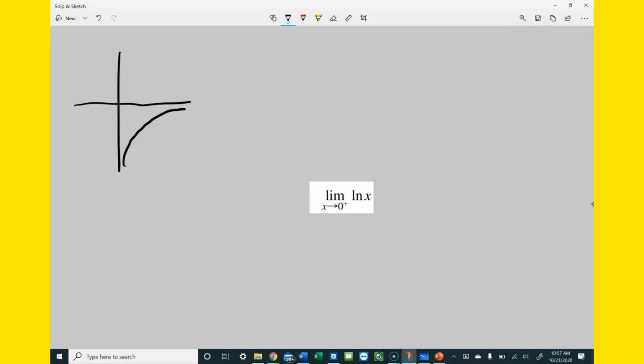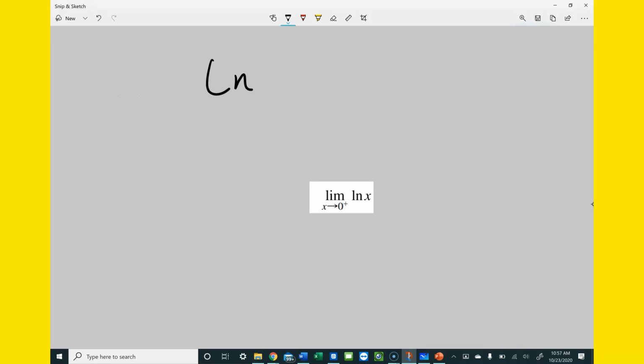It looks like that. And you can even see that it has a vertical asymptote right here. And so as x approaches 0 from the right, the limiting value of this function will be going down to negative infinity. So you already know it's going to be negative infinity, but let's look at it algebraically as well.